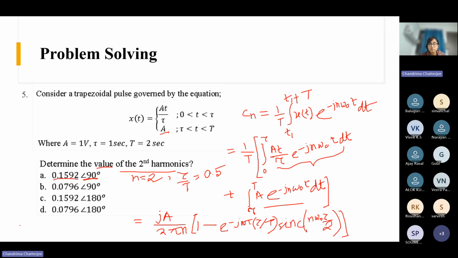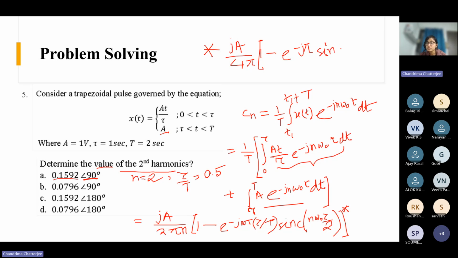What we will get is, I will write here. The final expression would be then jA by 4 pi, 1 minus e to the power, so n is 2, pi and this is half, so minus j pi, and sinc is what?